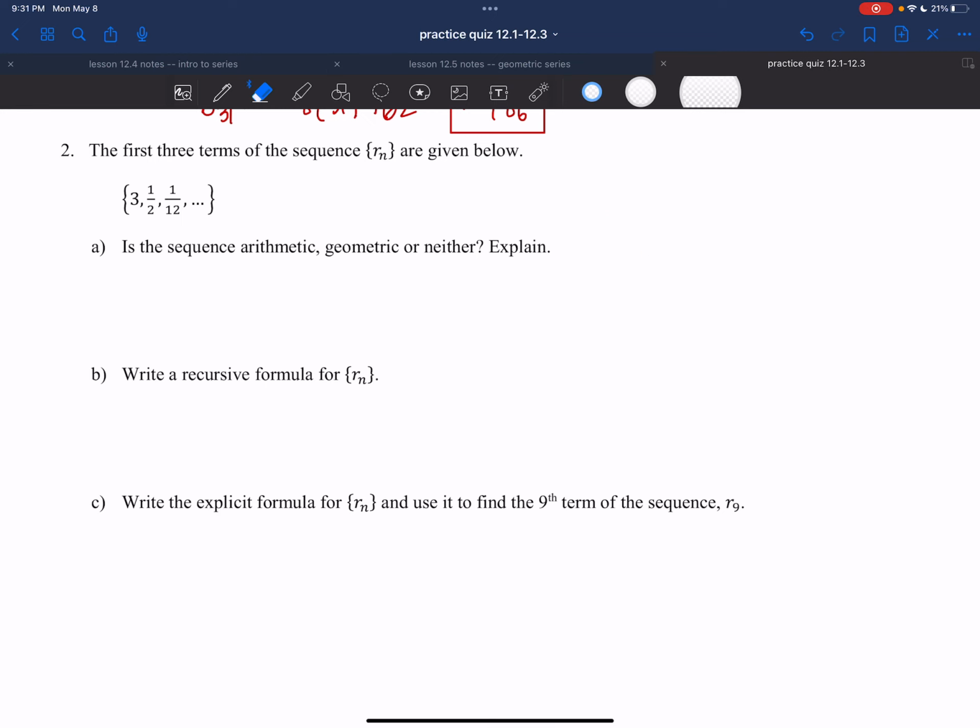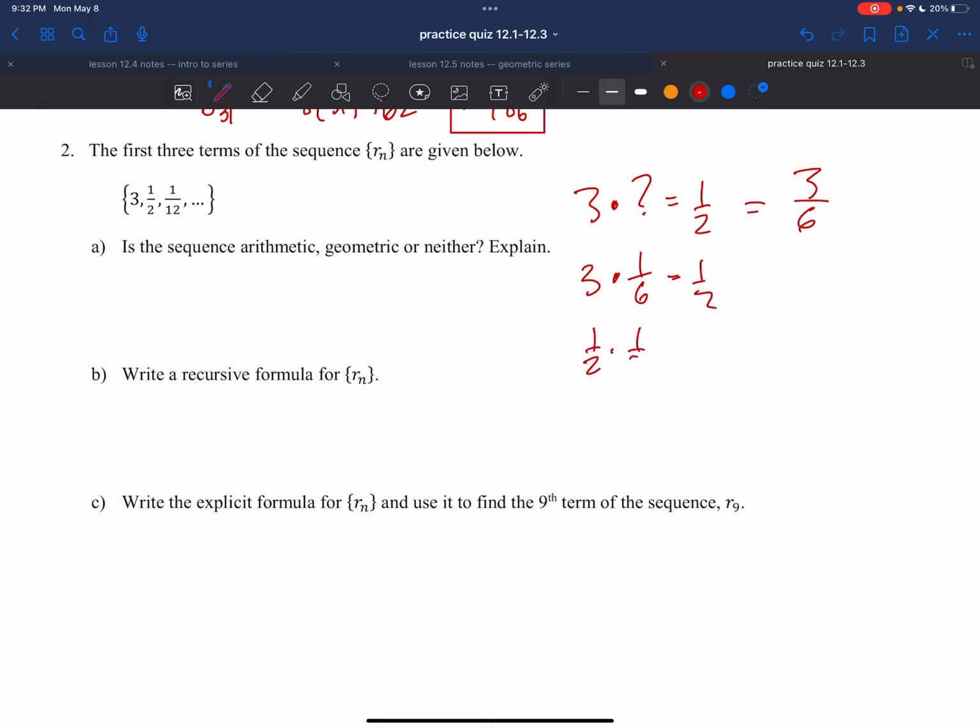So say, is there a common ratio, right? Could I multiply 3 by something to get 1/2? If I multiply, I know that 3/6 is a half. So if I did 3 times 1/6, wouldn't I get a half? I would. If I did a half times 1/6, would I get 1/12?